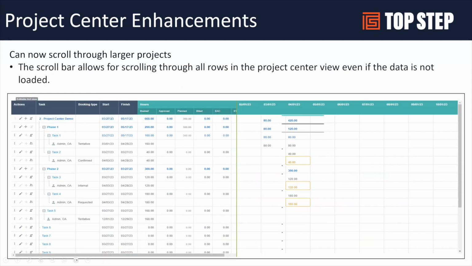Also, they've improved some of the scrolling. Previously, if you had a large project with lots of task-based bookings, the scrolling was a little cumbersome. So they've improved that part of it as well. So now with the scrolling you can get down throughout the entire project.